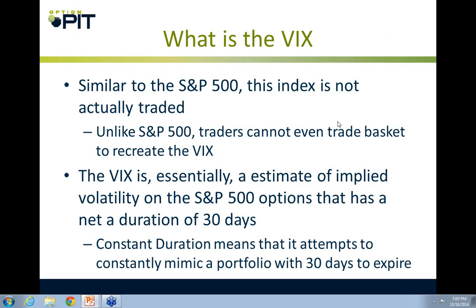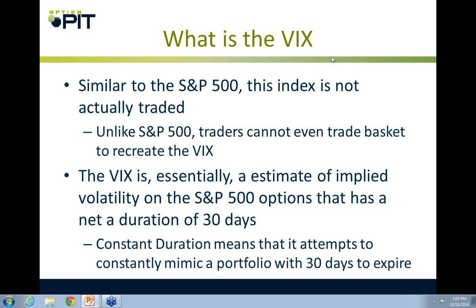The VIX is essentially an estimate of implied volatility on S&P 500 options, that's the SPX, that has a constant duration of 30 days. Constant duration means that it attempts to constantly mimic a portfolio with 30 days to expire.